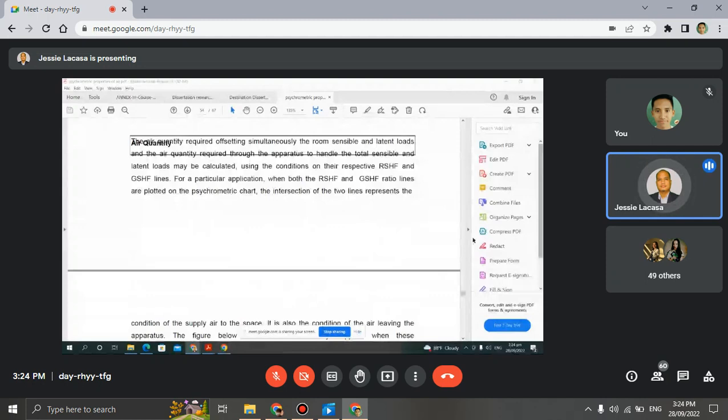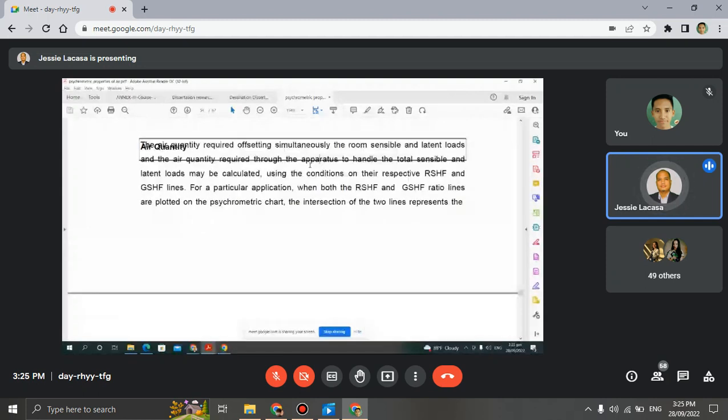The size of your apparatus here, this is the cooling coil, will depend on the air quantity, and also the velocity of the air, as well as the room sensible and latent load.